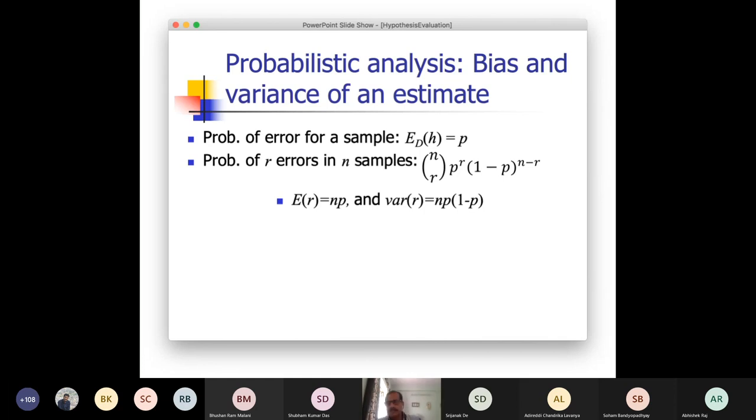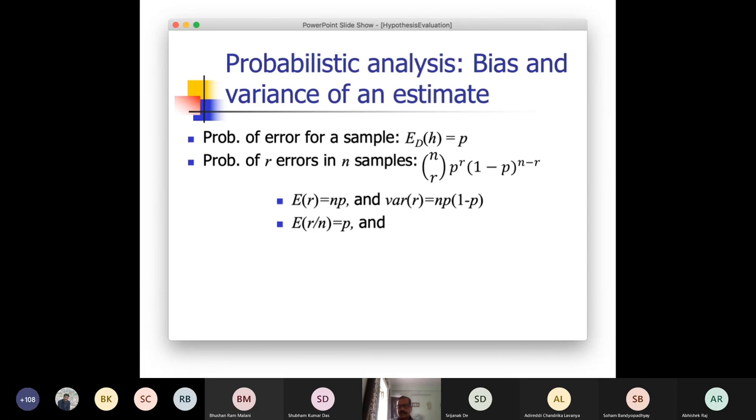In the binomial distribution, if you consider the expectation of the random variable, now these are random variables. If you do the maths, apply the respective expressions, you will get these values. The expectation of the number of times the error occurs out of n trials should be n into p. And variance is n into p into 1 minus p.